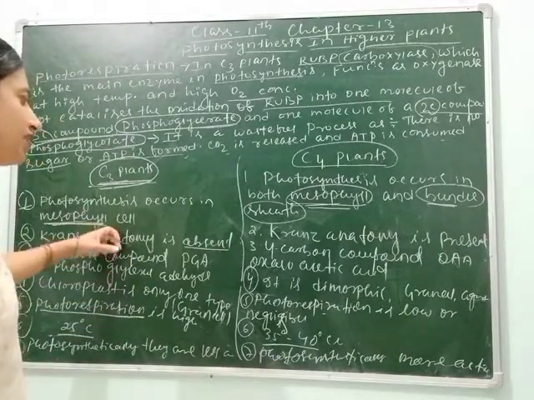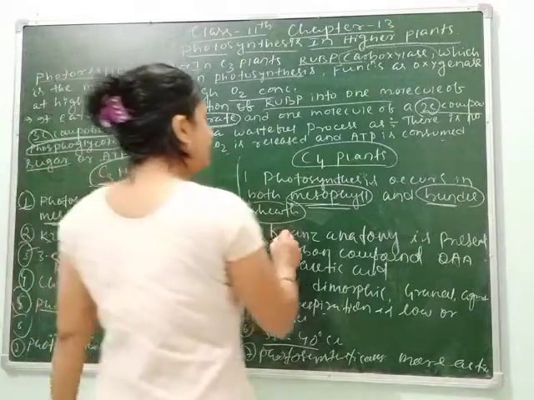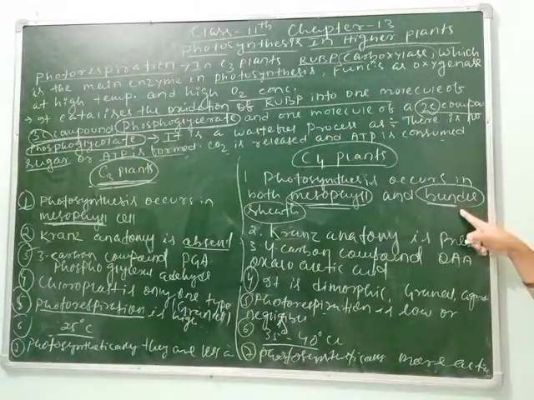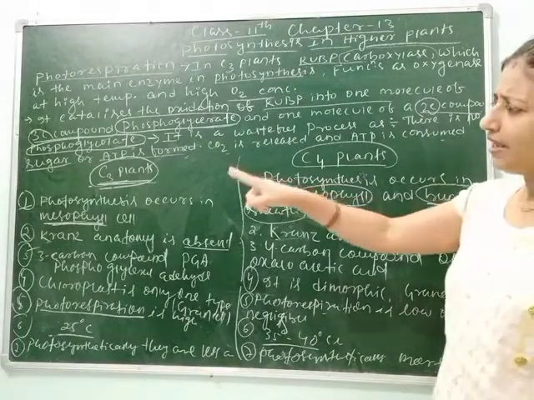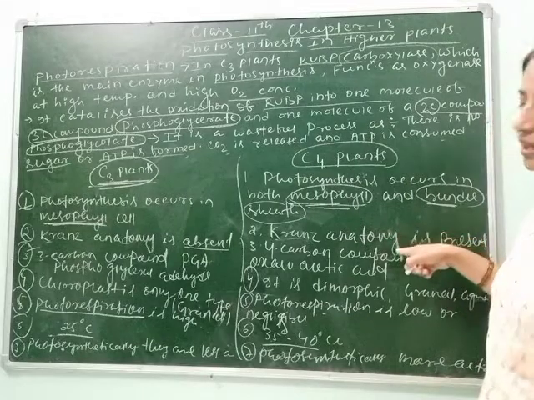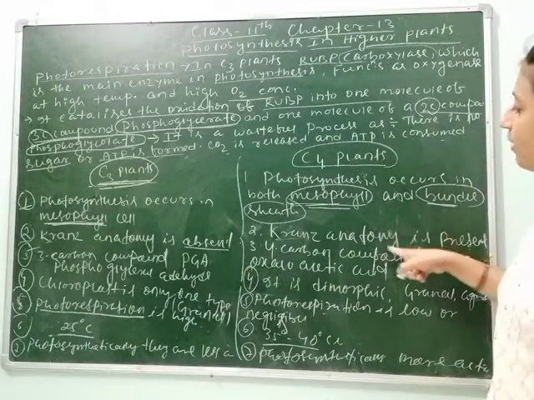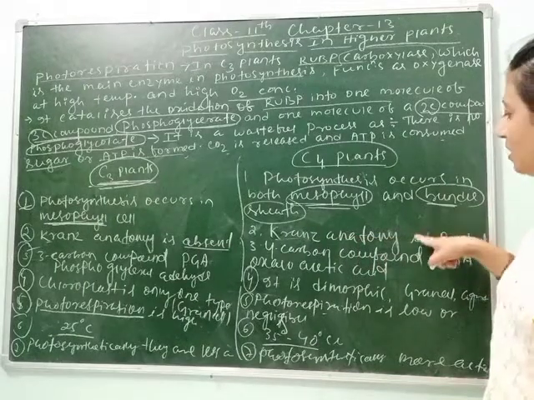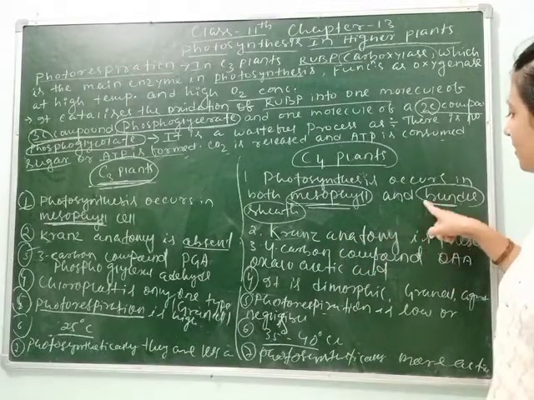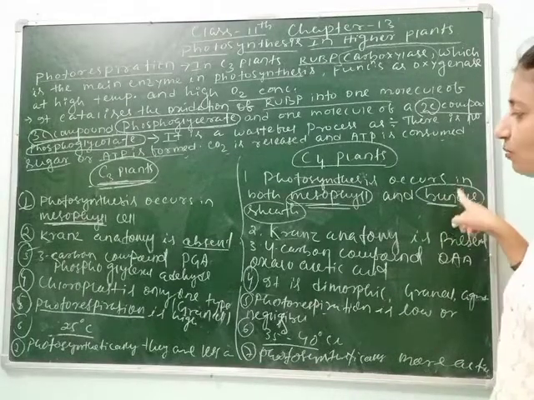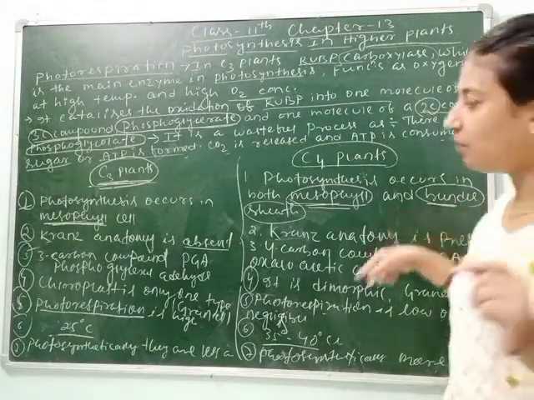They have intercellular space, but Kranz anatomy is present in C4, which is found around the bundle sheath cell. As in C3 plants bundle sheath cell is not found, so the Kranz anatomy will not be found. That's why this point tells us about Kranz anatomy is present, meaning the large size cells around the bundle sheath cell are called Kranz anatomy, and they are only found in C4 plants.